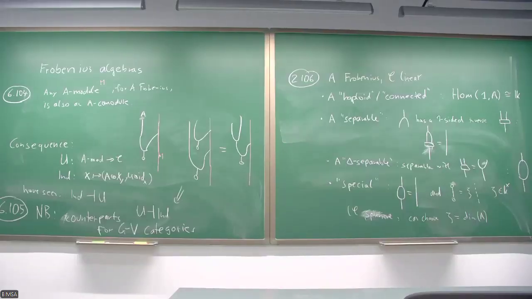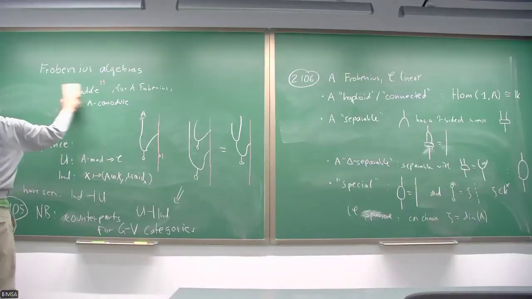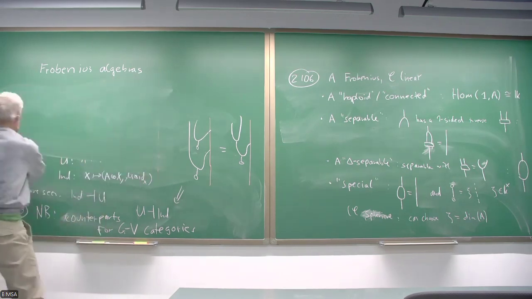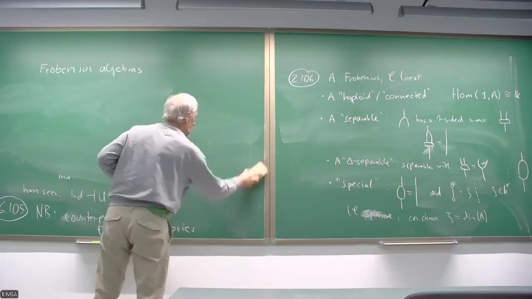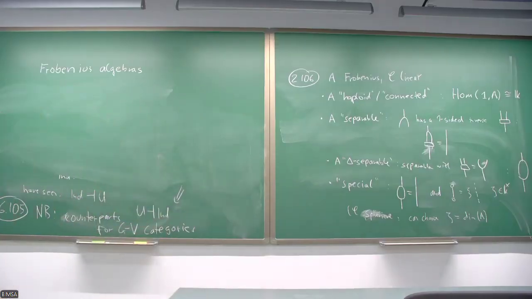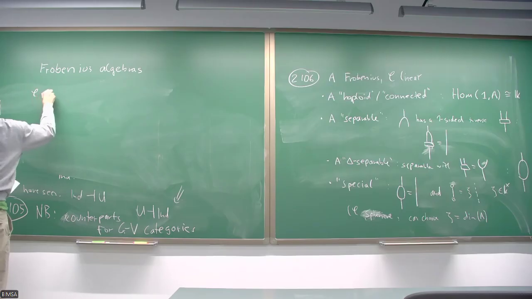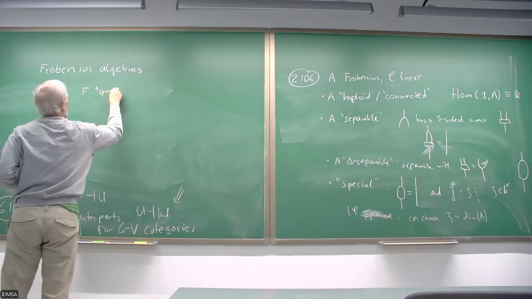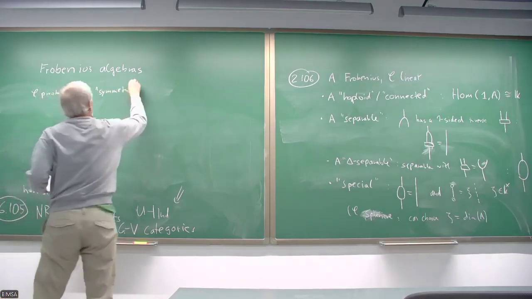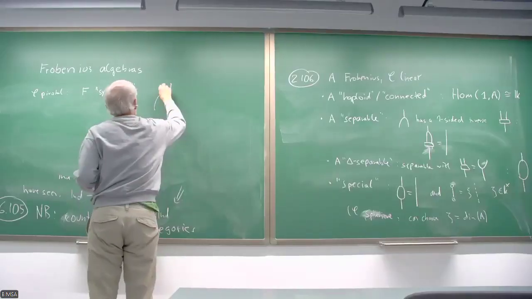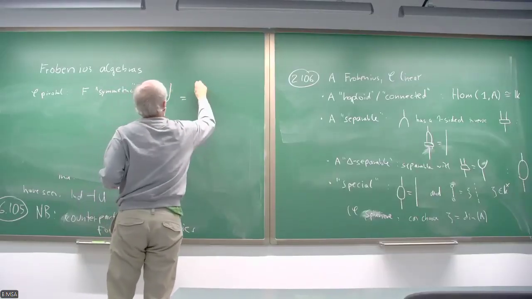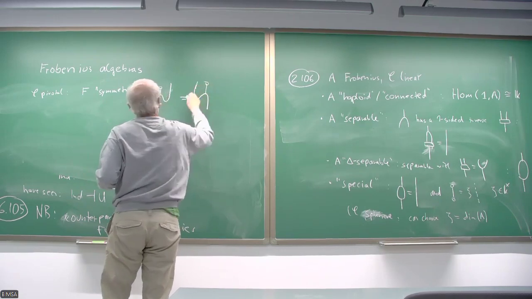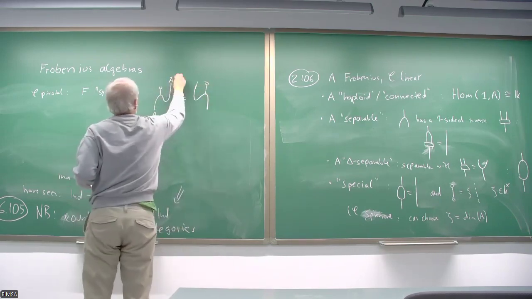And then finally, if C is pivotal, and I call F symmetric, if and only if the following identity holds: so we have A here, and here we have A dual.